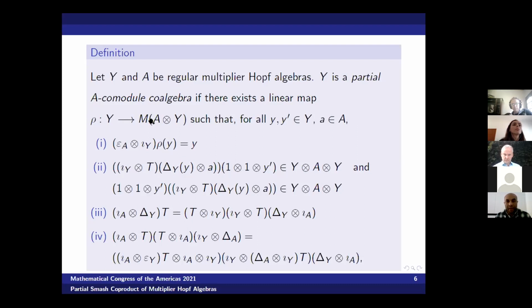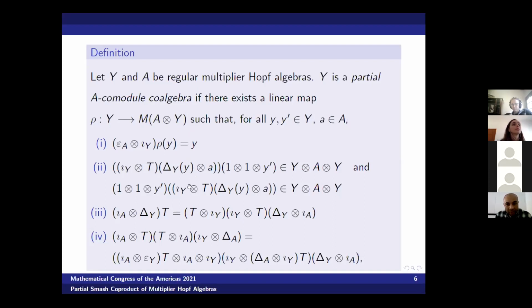Here we have again a larger algebra. Most of the conditions imposed here are extensions. In the first one, we have the image of this map in the multiplier algebra. Since we have a nondegenerate homomorphism, we can extend.